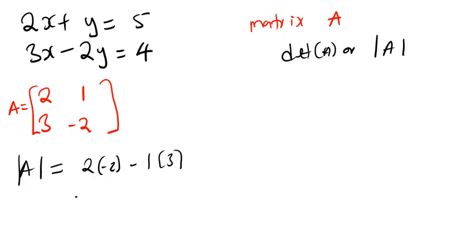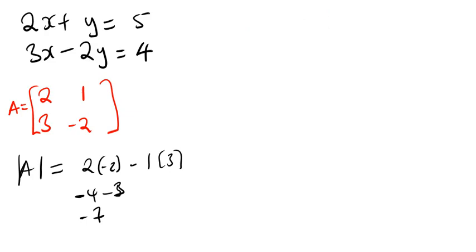So this becomes negative 4 minus 3, that is now negative 7, meaning that the determinant of matrix A is negative 7. I leave it there.